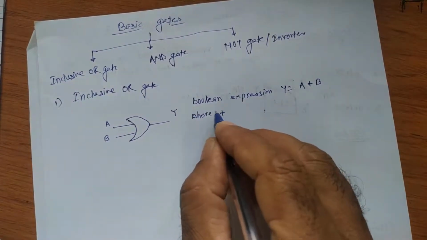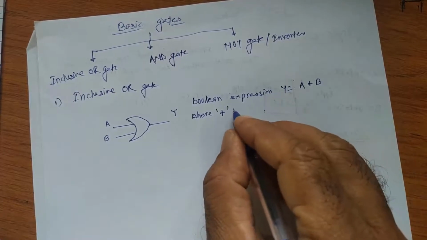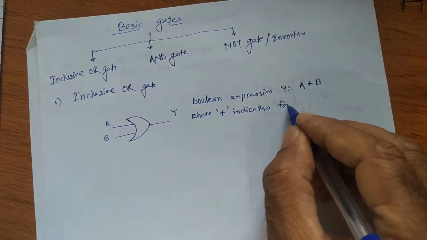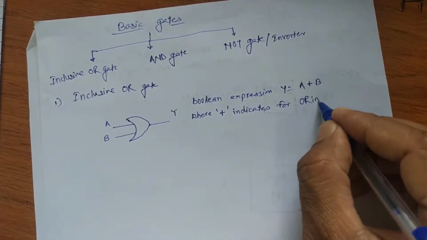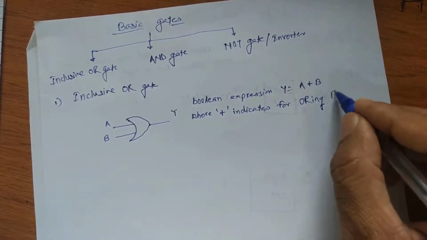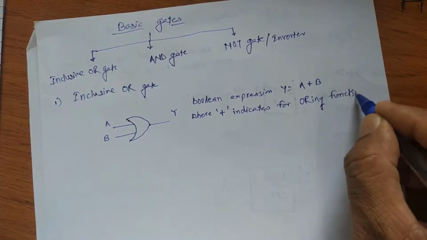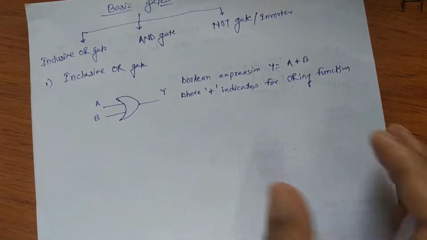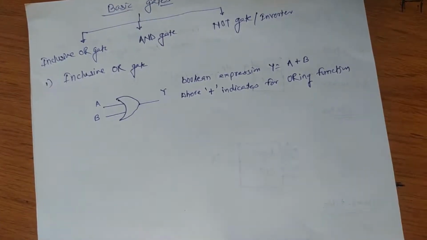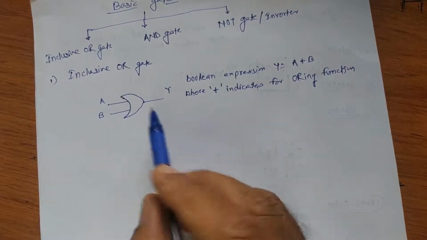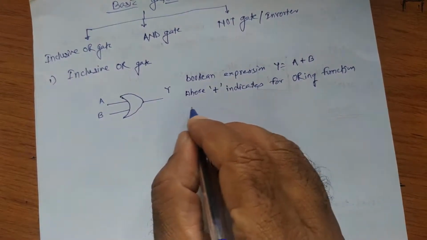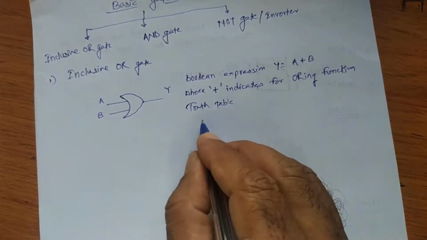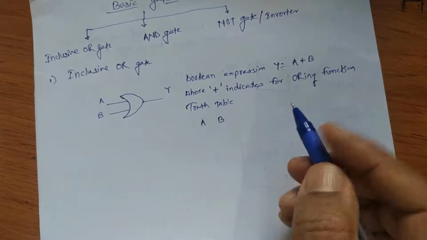where the plus sign indicates the ORing function. There are two inputs, so we draw the truth table. Two inputs, so there are four possibilities. A and B are inputs.